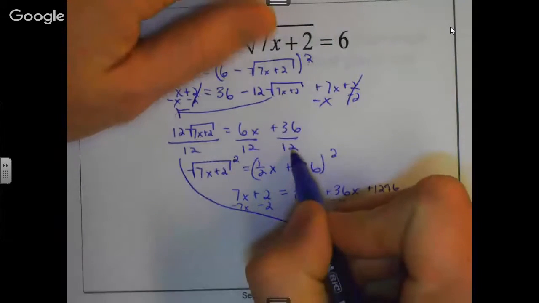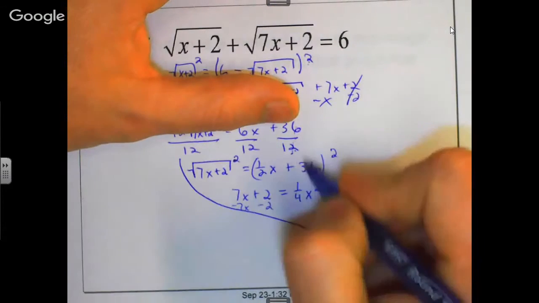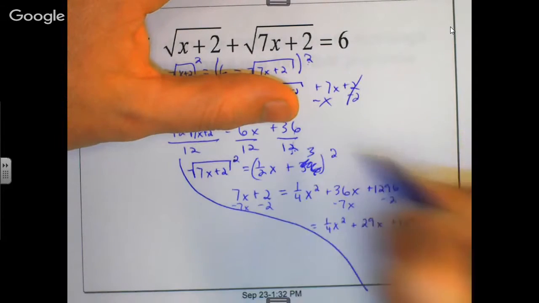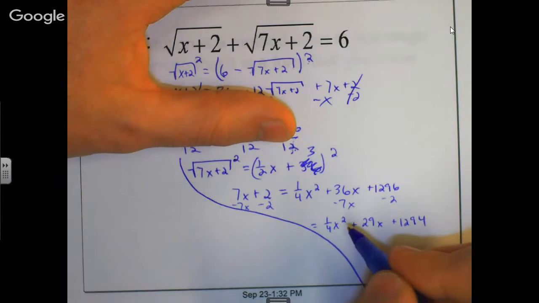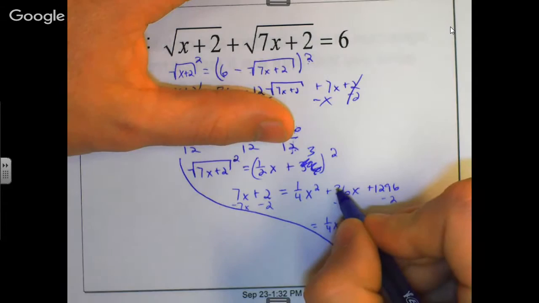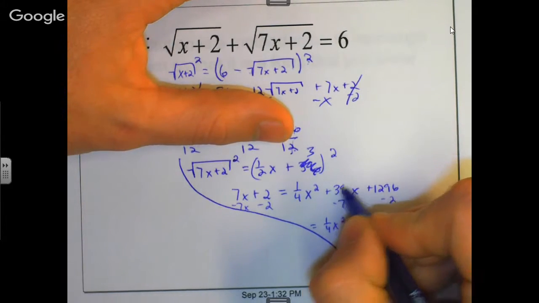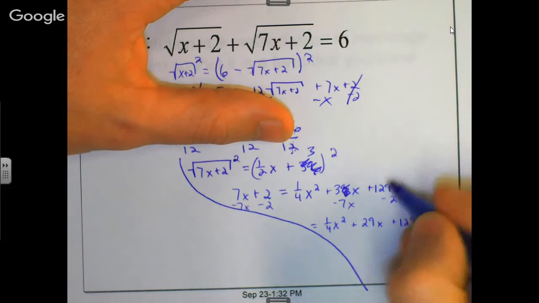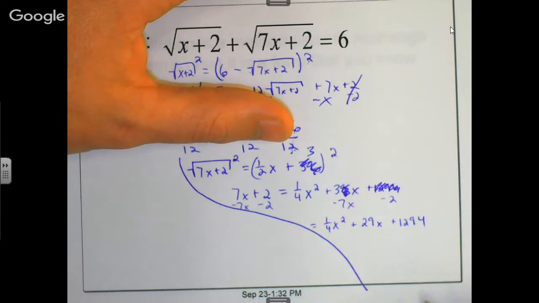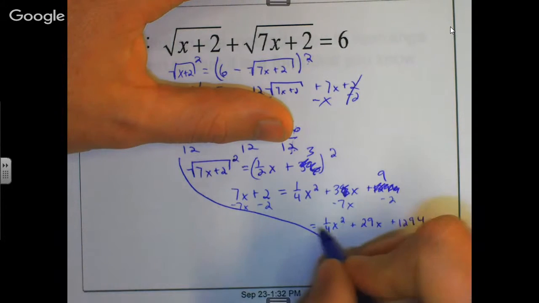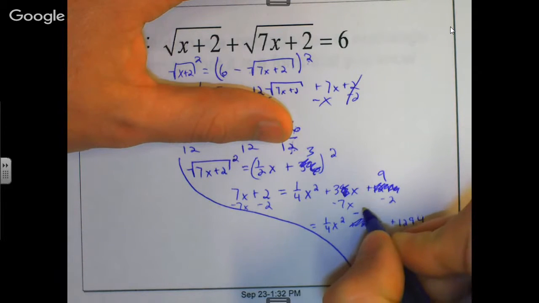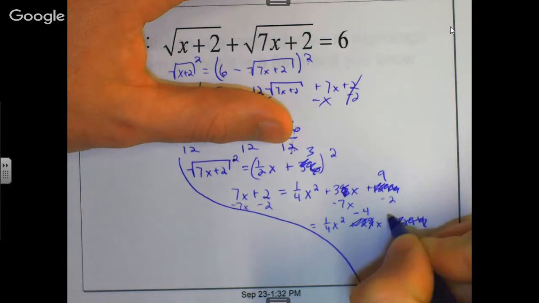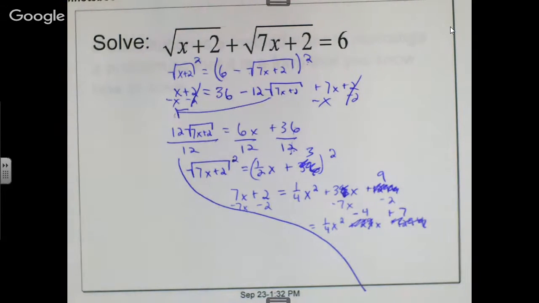I forgot to divide this by 12, right? So this is 3, which will make this 3x, which will make this a lot smaller, 9. Okay, then it'll be 1/4 x squared minus 4x plus 7. Whew, that's a lot better.